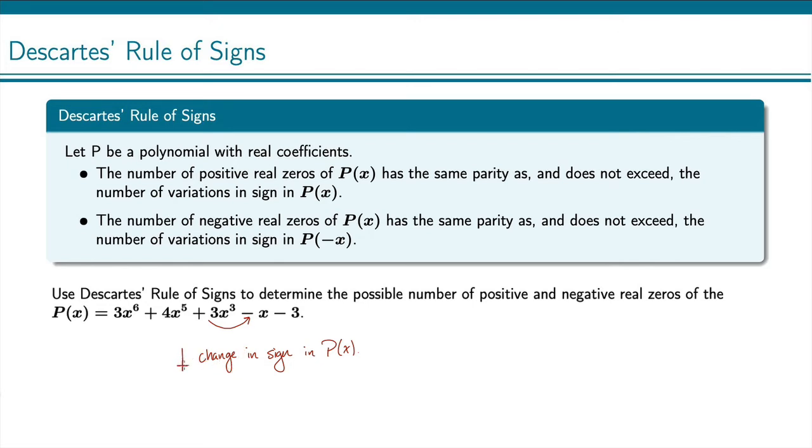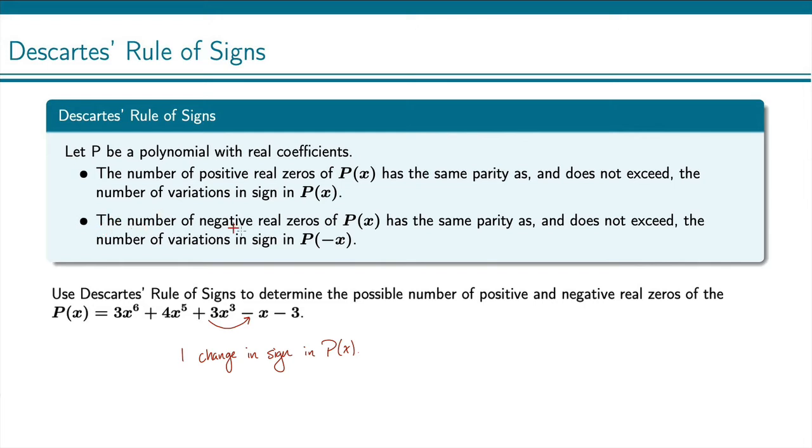Well, the only odd number that does not exceed 1 is 1. The number of positive real zeros we have is either 0, 1, 2, 3, 4, we can't go to negatives there. So that means that we have precisely one positive real zero.